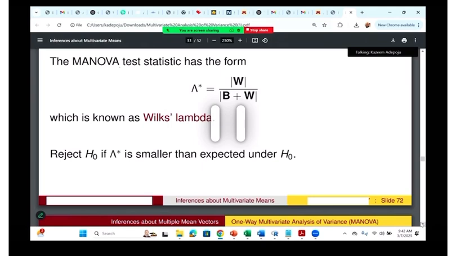What will make us have a smaller value? If that is smaller than expected under the null hypothesis. We can only have a smaller value of Wilks' lambda if the total denominator is bigger. Does that make sense? Because when the denominator of a fraction is big, the fraction is going to be small. So take a look at that.